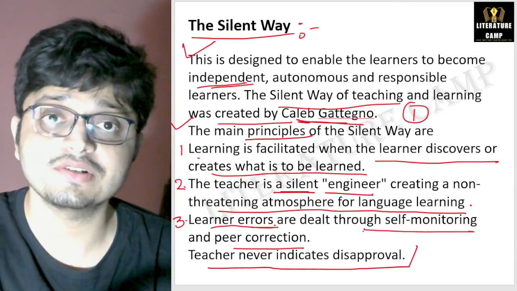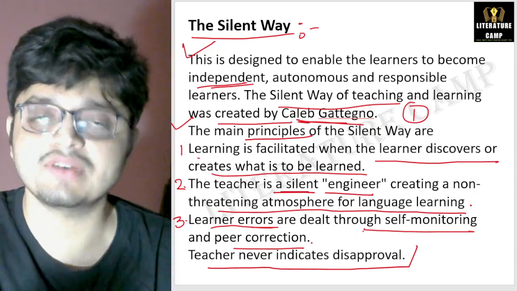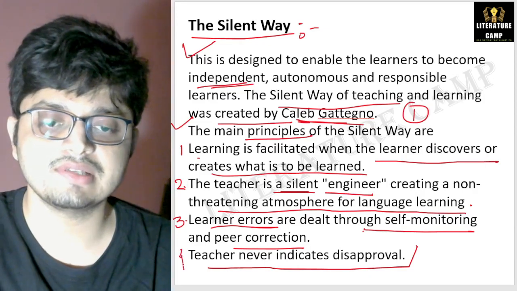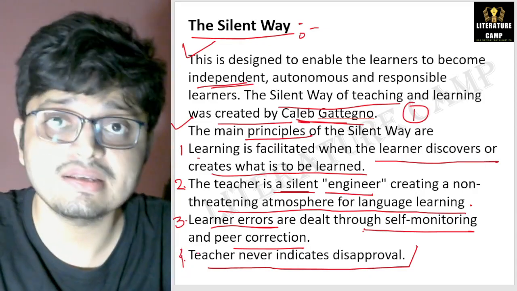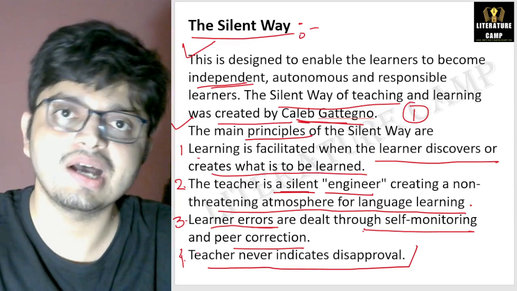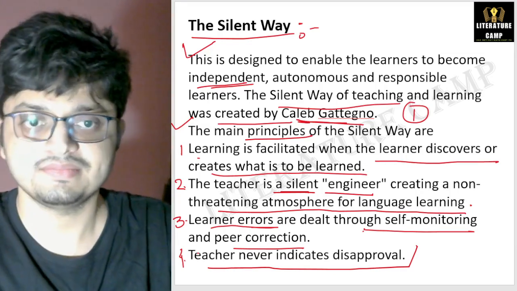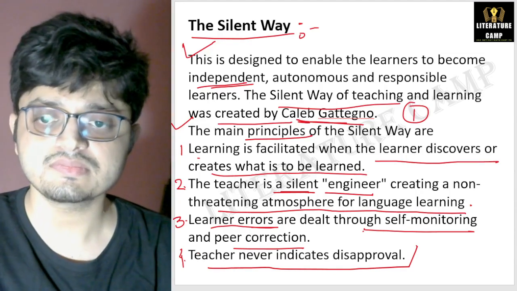Thirdly, learner errors are dealt with through self-monitoring and peer correction. Teachers never indicate any disapproval. Teachers are also independent. They provide enough freedom to learners to learn the topic in their own way. That is the concept of the silent way of teaching English.